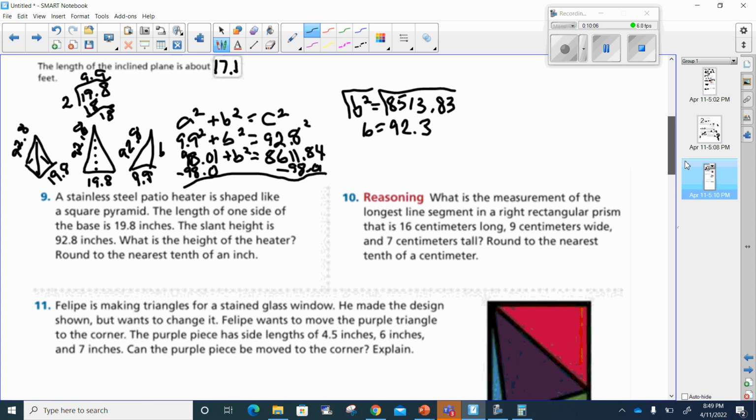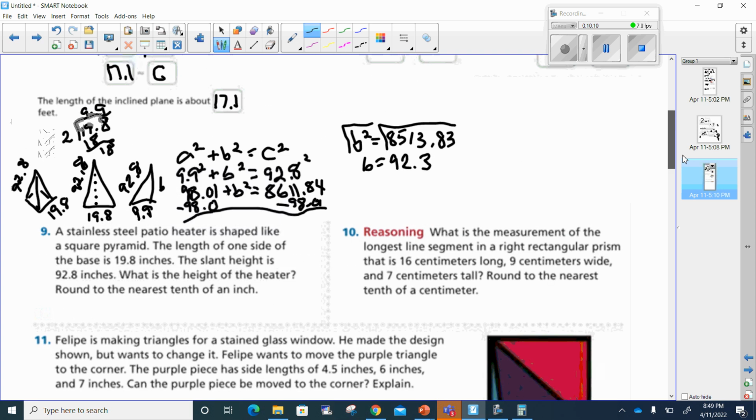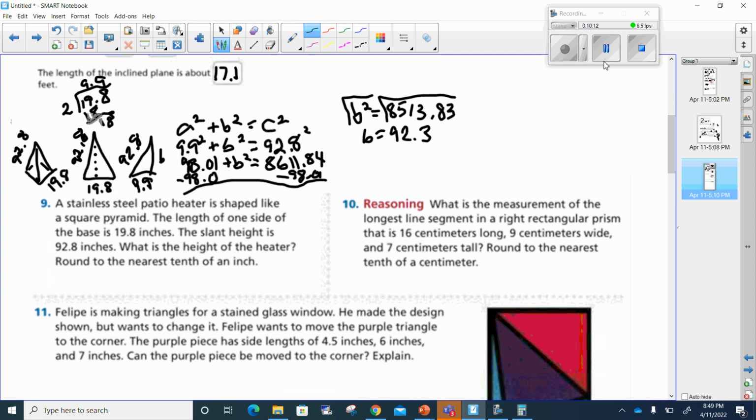Didn't really say anything about 9, did it? But I'm going to double check just to make sure that there wasn't some instruction I left out. And there was not, so B is 92.3. All right, so what is the height of it? 92.3 inches.